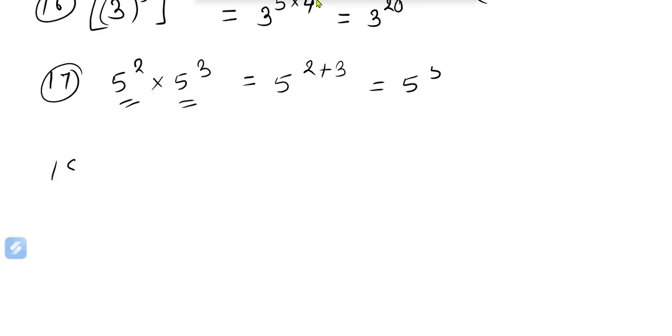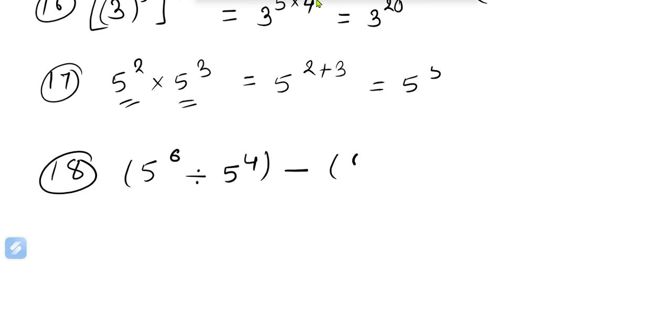So let's do one more question. If 5 has indices of 6, makes 5 power of 4 minus, this is 2 power of 5 and divided by 2 power cube.